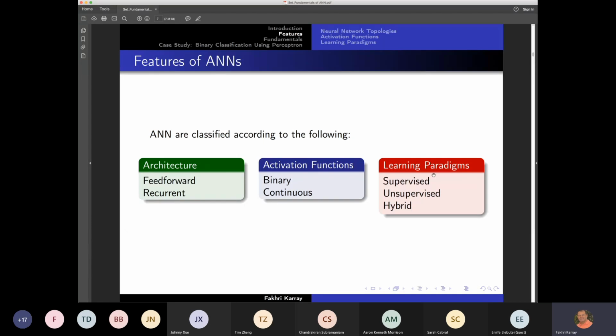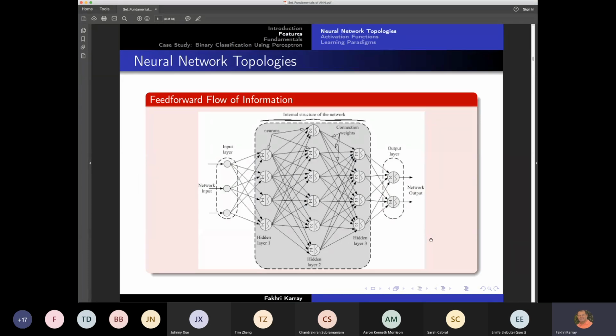So all these are the three major components that characterize a connectionist modeling. So every connectionist model system is characterized by an architecture, by an activation function, and by a learning paradigm. So in the learning paradigm here, we did not mention the deep learning structure because it is part of supervised and unsupervised, as we are going to talk about it later. And deep learning is not part of the major features of artificial neural network. So this is the topology.